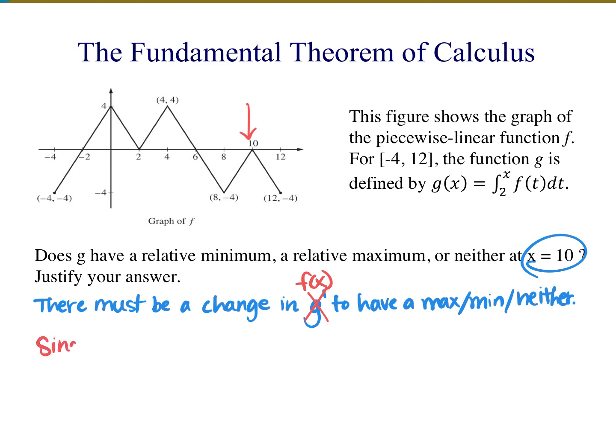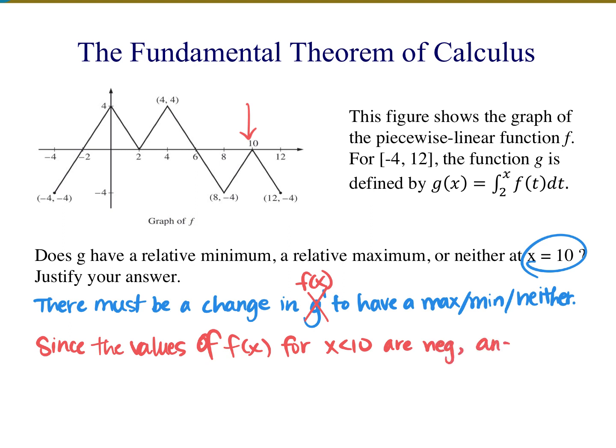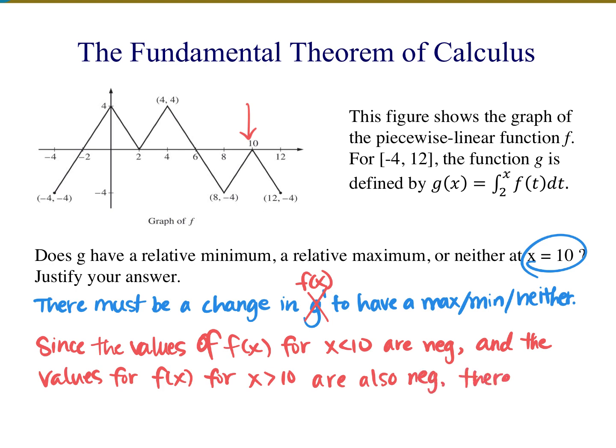So since the values of f of x for x less than 10 are negative, and the values for f of x for x greater than 10 are also negative, there is no demonstrated change.